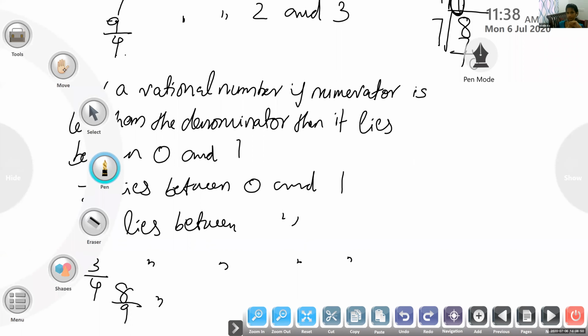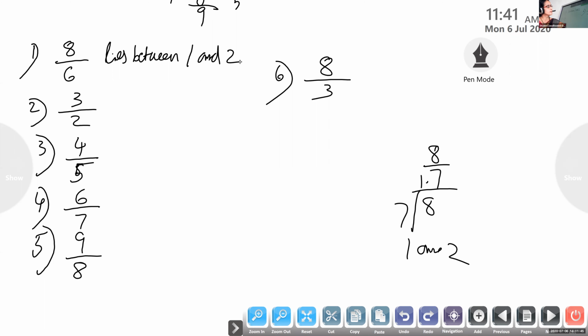3 by 2. Divide 3 by 2. So what is the integer part? Try to divide 3 by 2. Integer part is? Gopi Krishna, got the first answer?